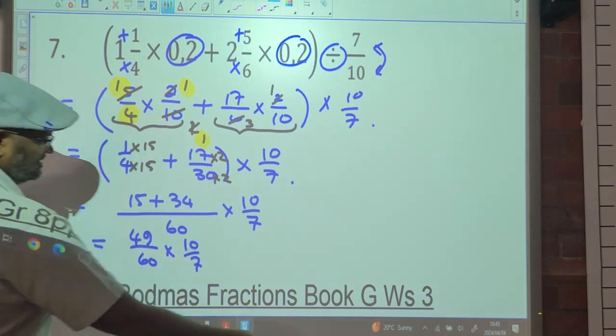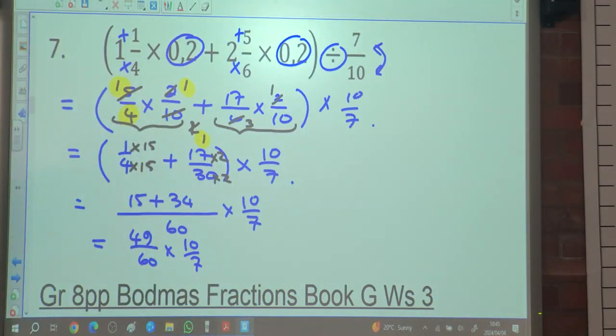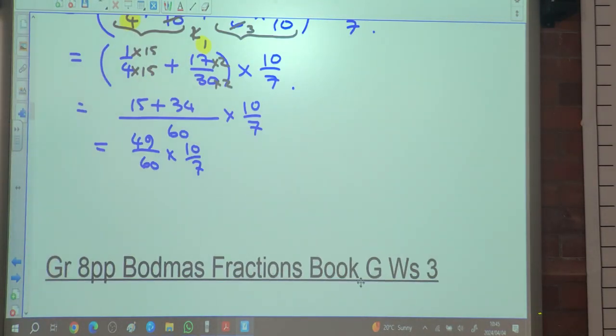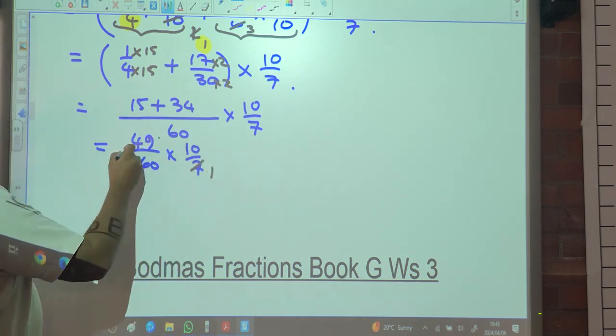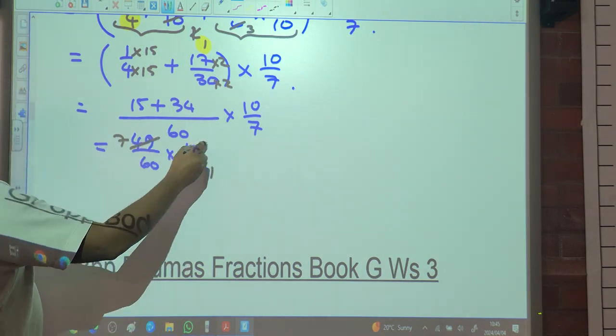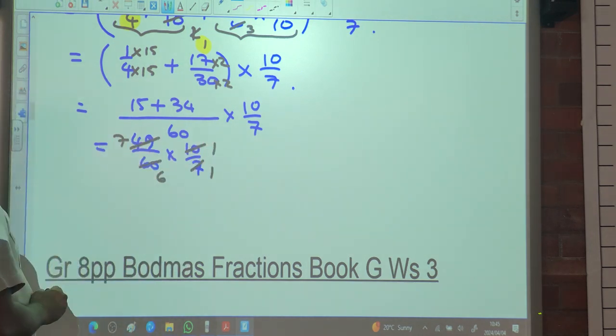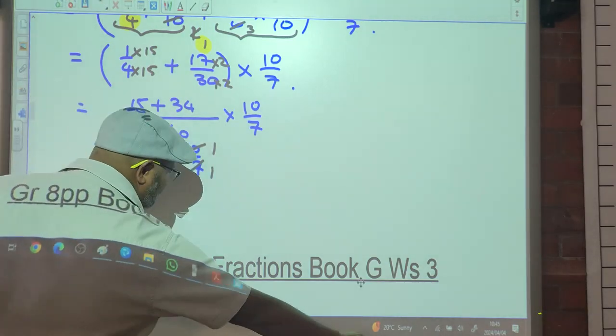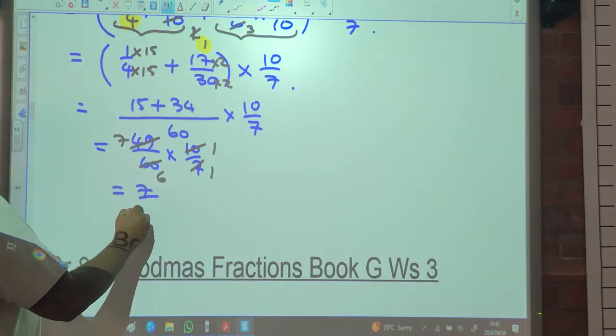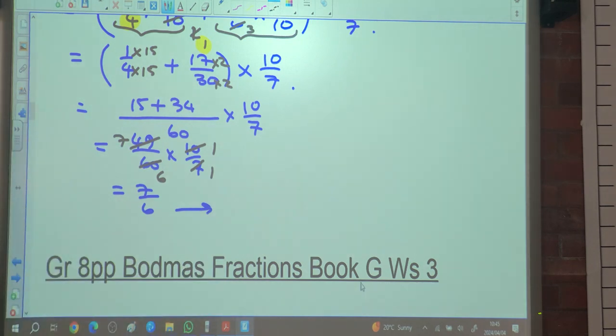Now what? Simplify before we multiply. 7 goes into 7 once, 7 goes into 49 seven times. 10 goes into 10 once. The answer is 7 over 6. Who got that one right?